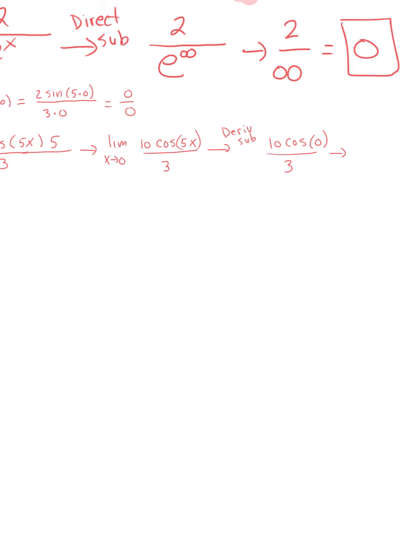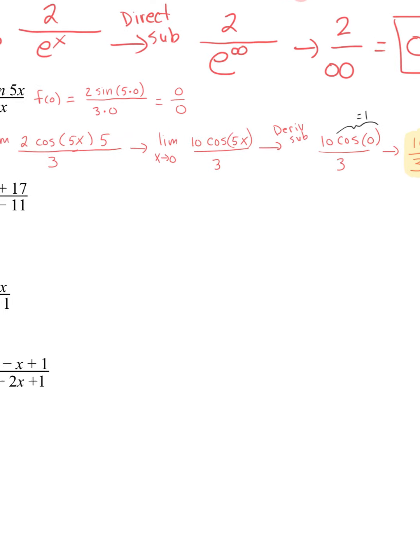Well, we know that the cosine of 0 is equal to 1. So on top we end up with 10 times 1, which is 10. On the bottom we have 3, and there we have it. You can always check your work by finding the limit using a graph. There is example number 1.